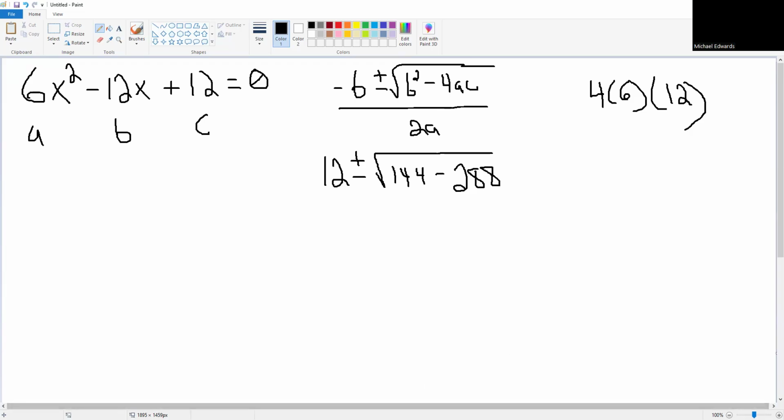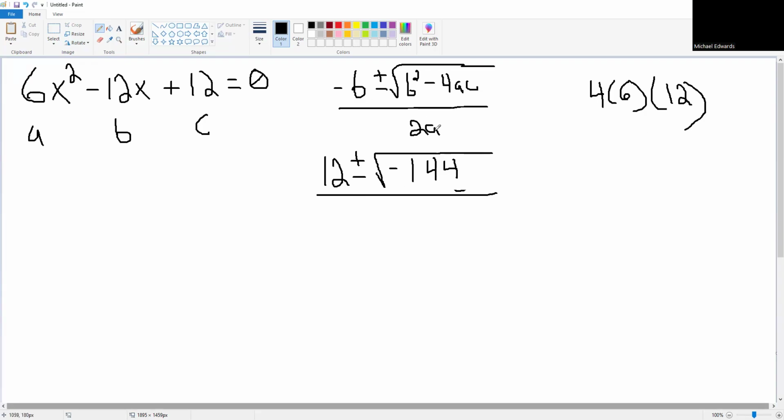Now we can say, well, 288 minus 144 is just 144, but it'll be negative because the bigger number is negative here. So we can rewrite this as negative 144. And look, it's going to be imaginary.